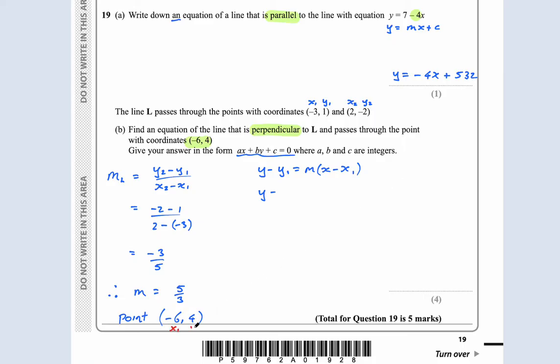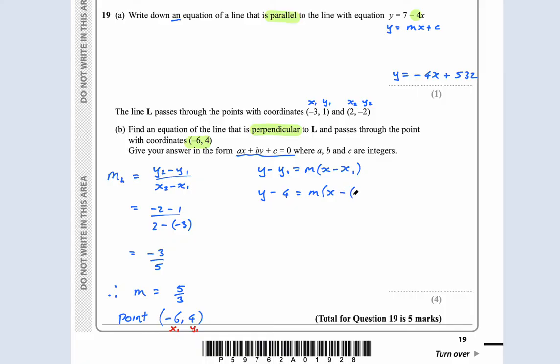This is our x1, y1. It's not these points, it's neither of these points, because our line is not going through these points. It's going through this point. So I do y minus y1, which is 4, equals m into x minus x1, which is negative 6.